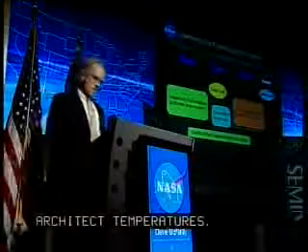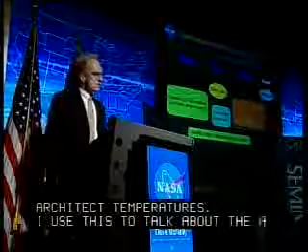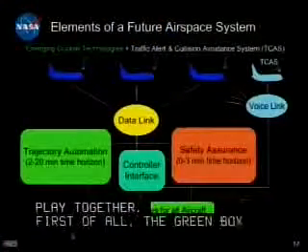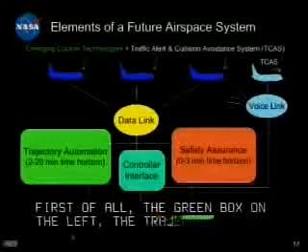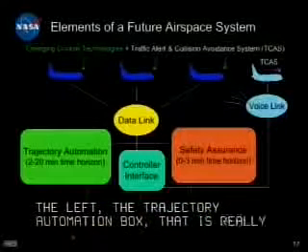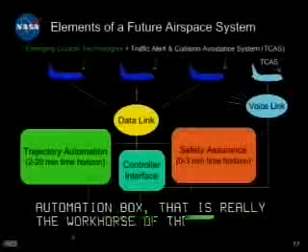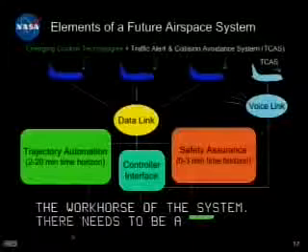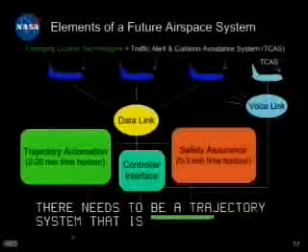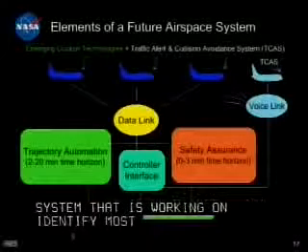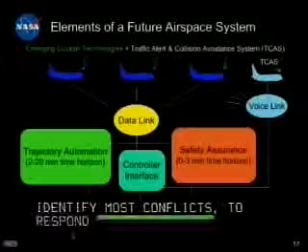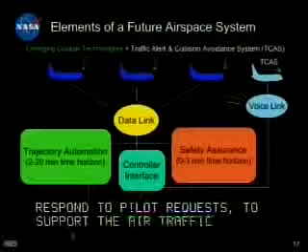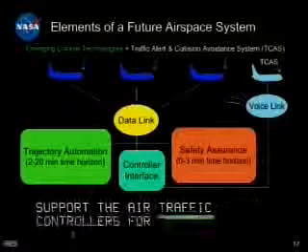First of all, the green box on the left, the trajectory automation box, is really the workhorse of the system. There needs to be a trajectory-based automation system that is working to solve most problems, to identify most conflicts, to respond to pilot requests, to support the air traffic controllers for off-nominal situations, to really handle most of the separation assurance problems.